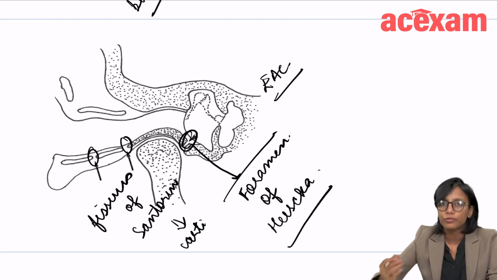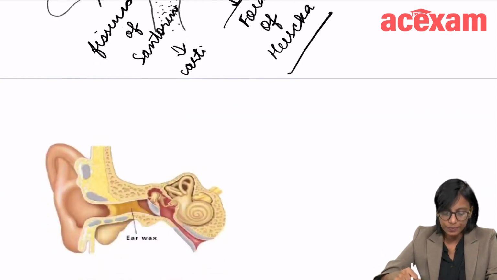You cannot see any perforation. The external auditory canal is fine. There is no otitis externa. So where is this discharge coming from? You have to look at the parotid gland. There might be a parotid abscess. That pus is coming into the external auditory canal through these fissures.